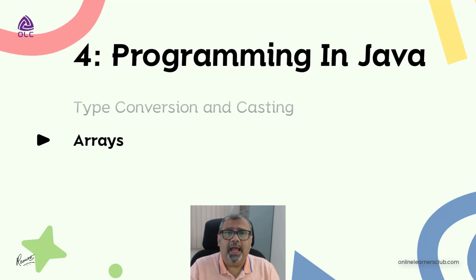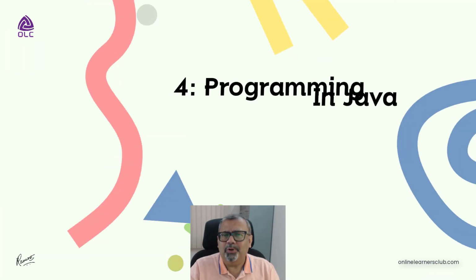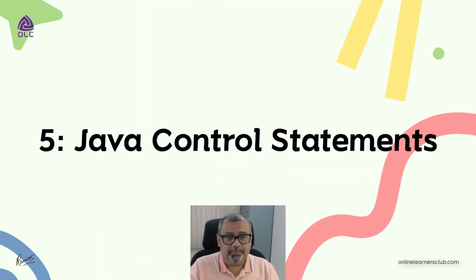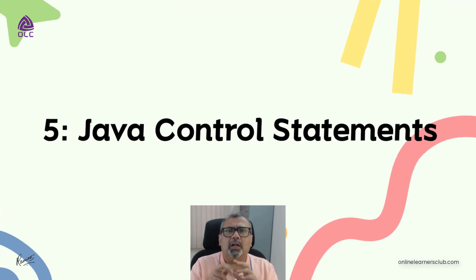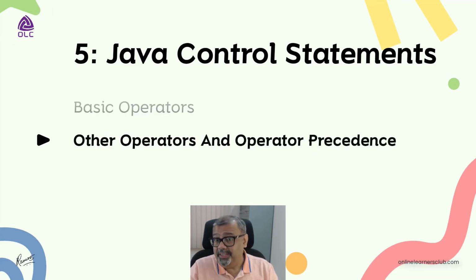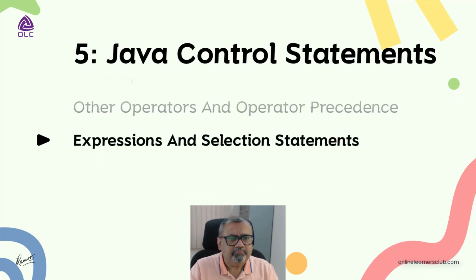In addition to this, we will have an overview of arrays, which is another important element in programming, a very important data structure, I would say. And then we will look at Java control statements. We will discuss basic operators, look at operator precedence and various other operators that we use in Java, and take a look at expressions and selection statements.